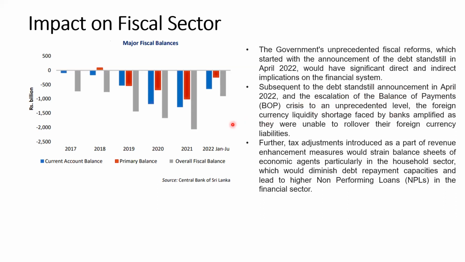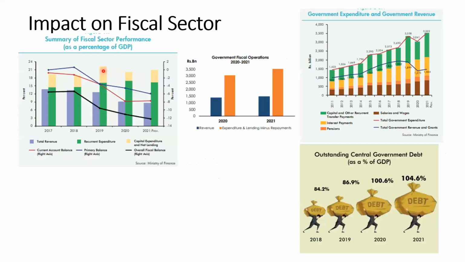Okay, and here no need to go and memorize any value. Just think about the behavior or the pattern of the graphs. You can't see any positive values in the Sri Lankan economy. That's the main thing. Okay.